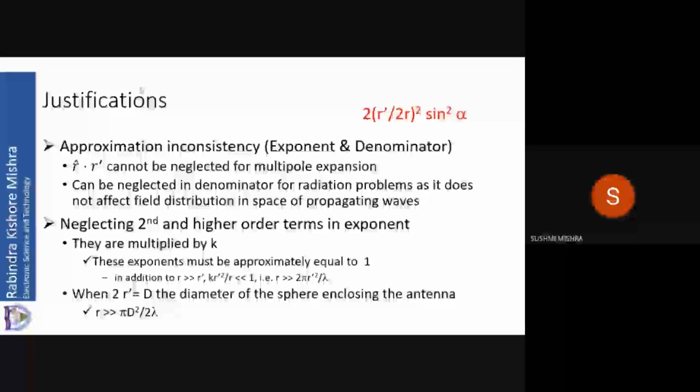Let me take 2 R dash to be equal to D, where D is the diameter of the sphere which completely encloses the antenna.